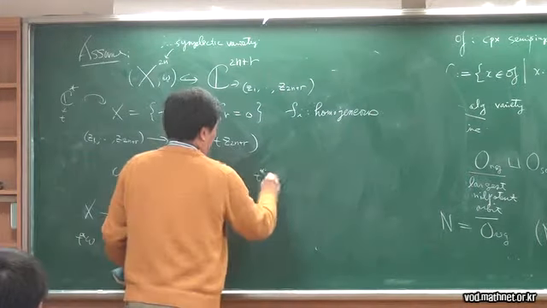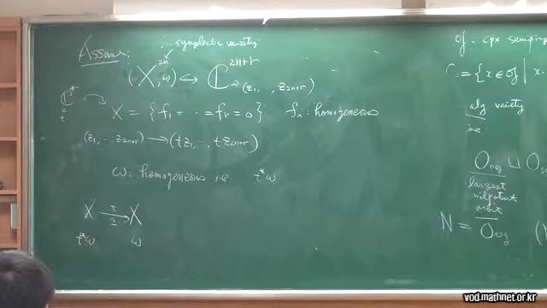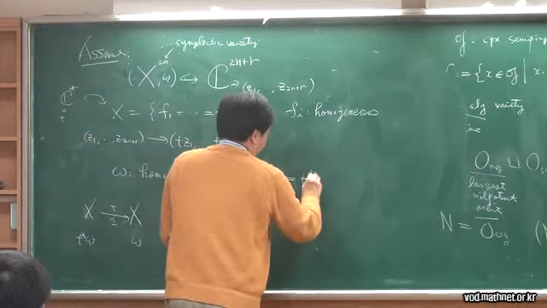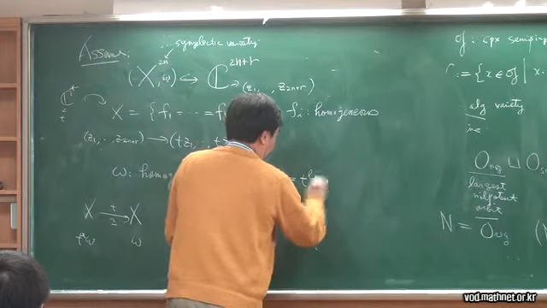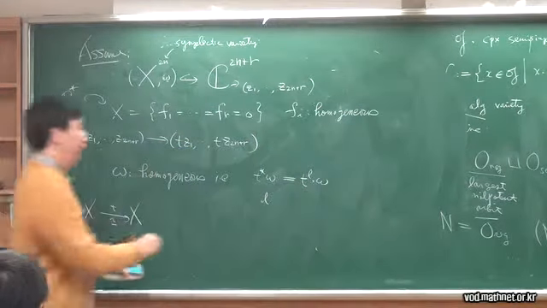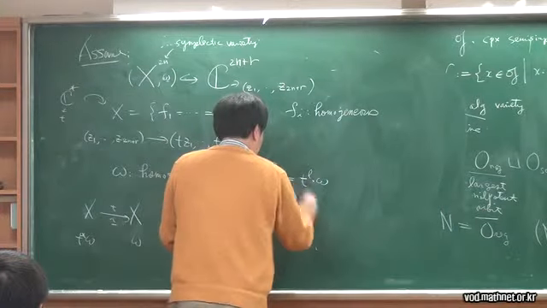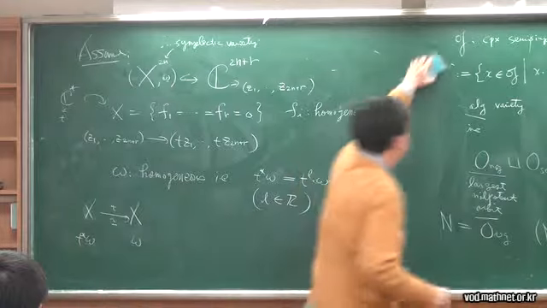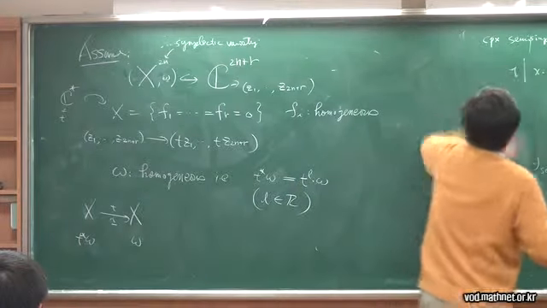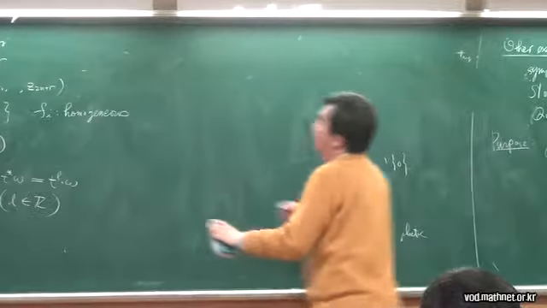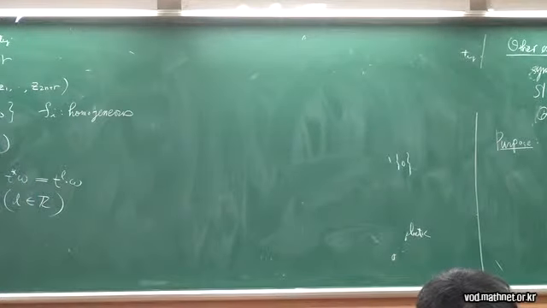But this pullback of the symplectic form can be written as t^l times omega. This is scalar multiplication, and l is some integer. This is the assumption. We call this assumption star.